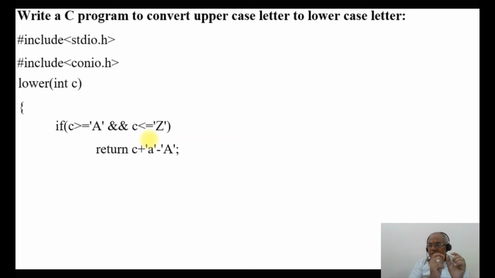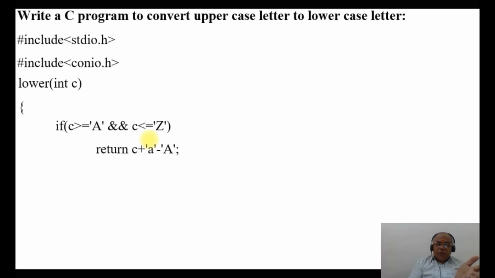So the difference is always 32, and thereby you are converting the capital letter into a small letter.